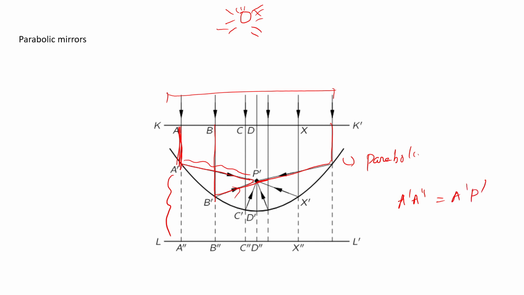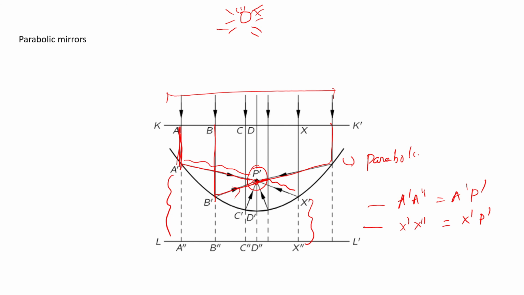Similarly, you want to make sure that this distance, x prime x double prime, is equal to x prime P prime. The only curve that satisfies all these relationships, if I write them out for B, C, D, and so forth, is a parabola. So if you have a parabolic mirror, then it would converge all this light to a point P.